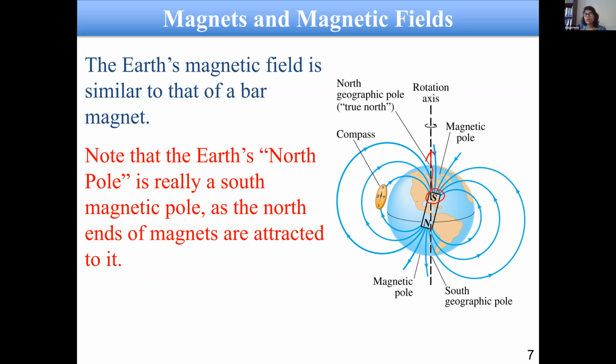It is observed that this magnet changes with time. After around 300,000 years, this magnet is going to switch north and south. Basically, it turns totally by 180 degrees.